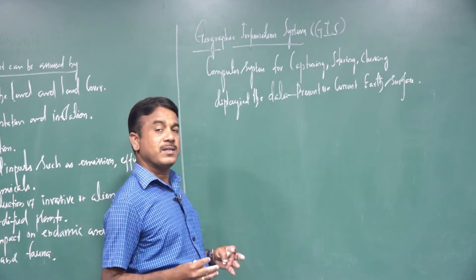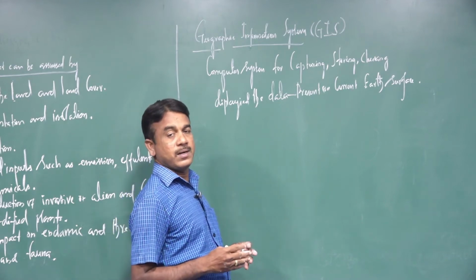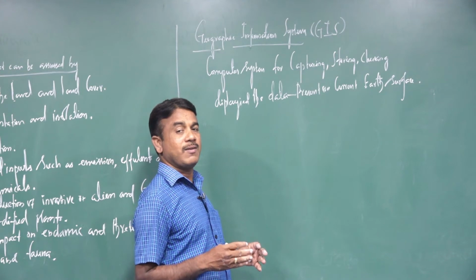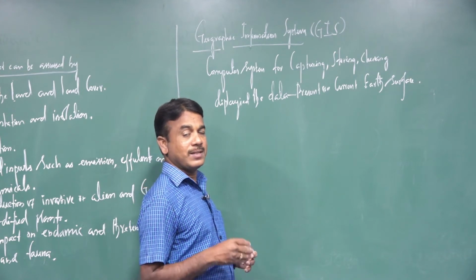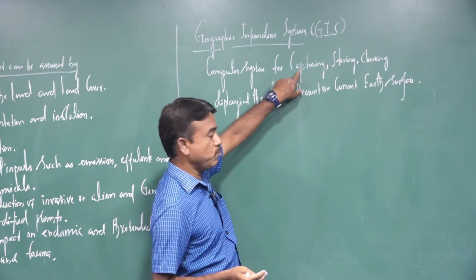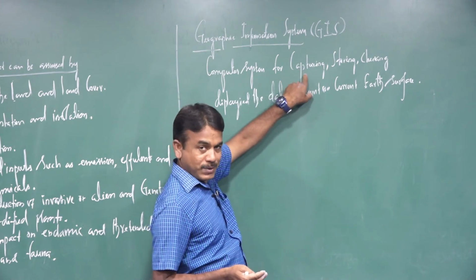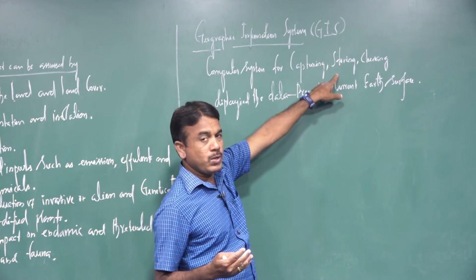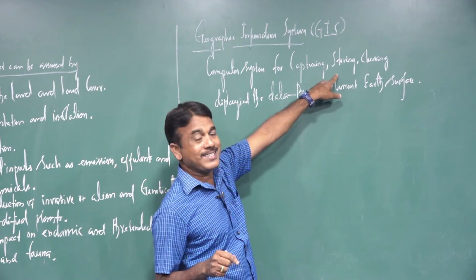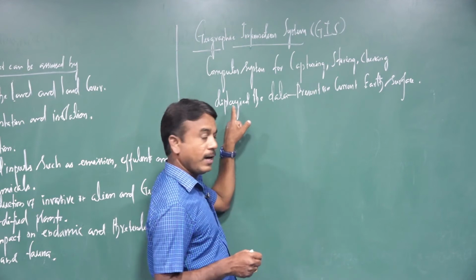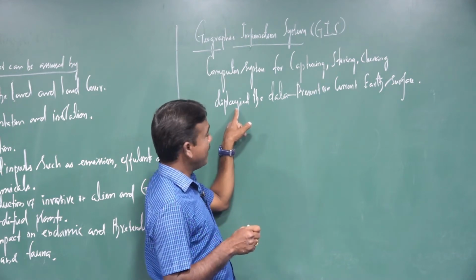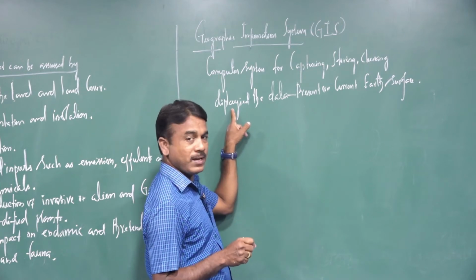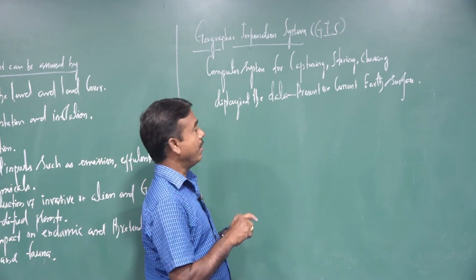So the images and the changes that occur in the current level of the Earth surface are captured. After capturing, they can be stored. After storing, you have to check whether it is correct or not. After checking, the data that is present is displayed.